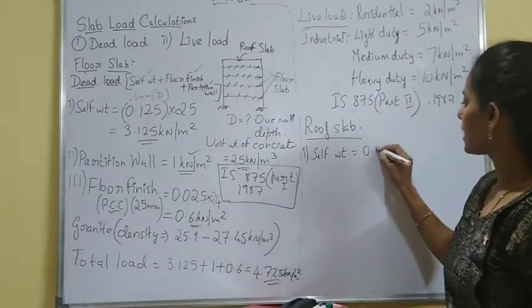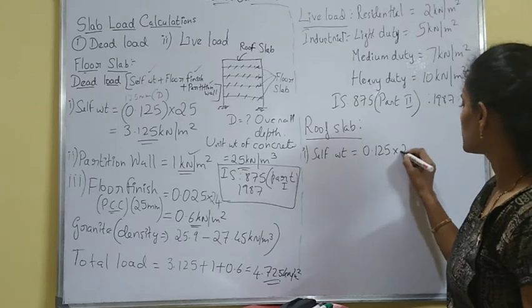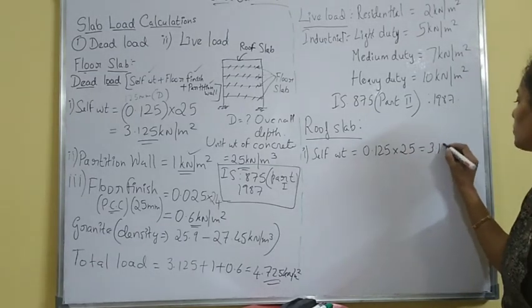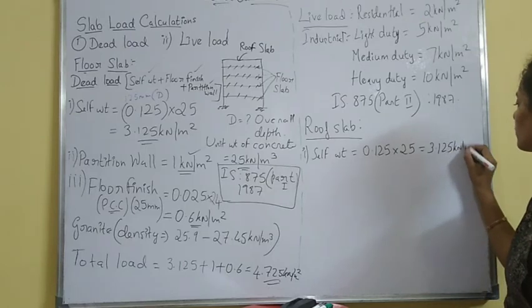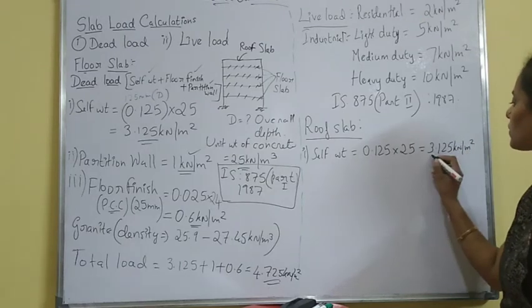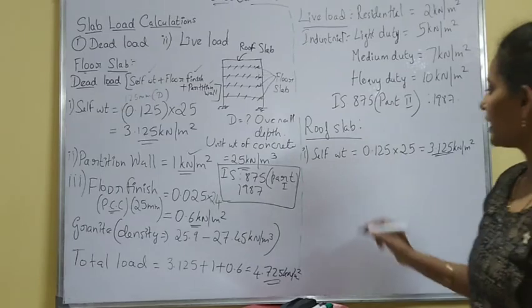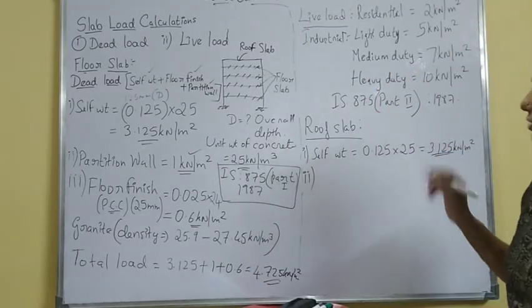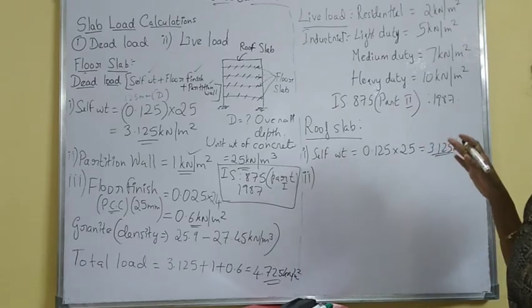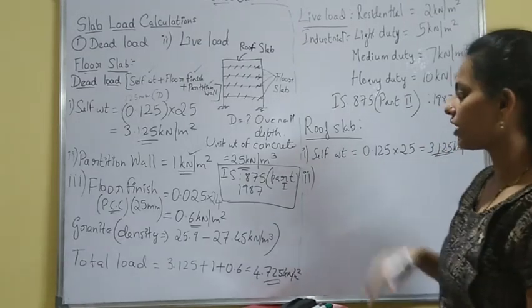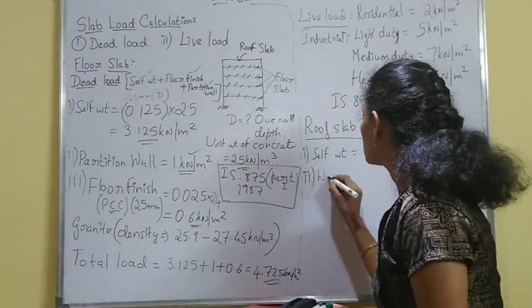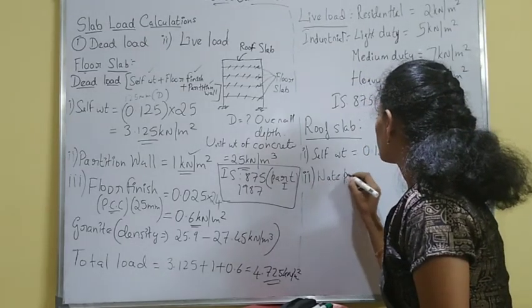If the slab thickness is 0.125, it will be 25, the density of concrete, so it will be 3.125. Next, if there is any floor finish, you can consider that floor finish also according to the thickness. Otherwise, for terrace, we have to consider waterproof coating.